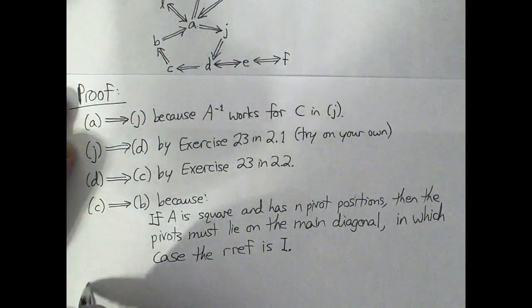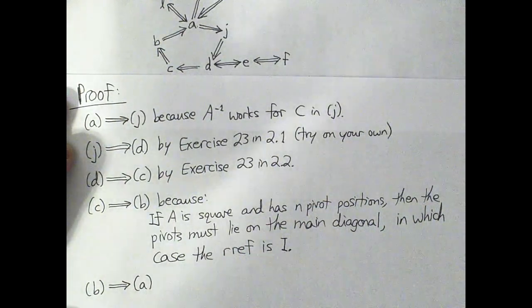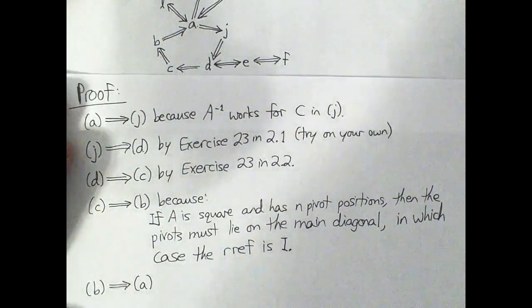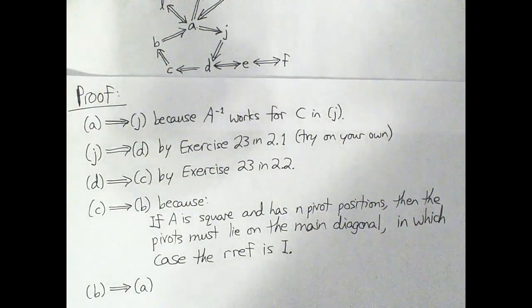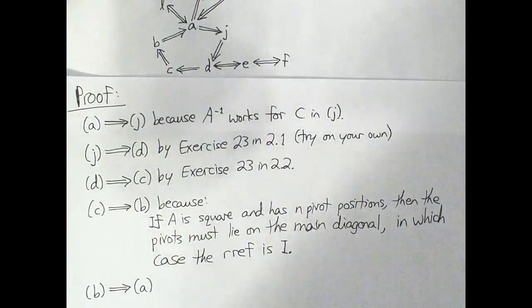We need to show, or at least address, why does B imply A? I need to keep flipping back and forth to the handout. B says A is row equivalent to the n by n identity matrix. So if something's row equivalent to the identity matrix, why does that mean that it is invertible?